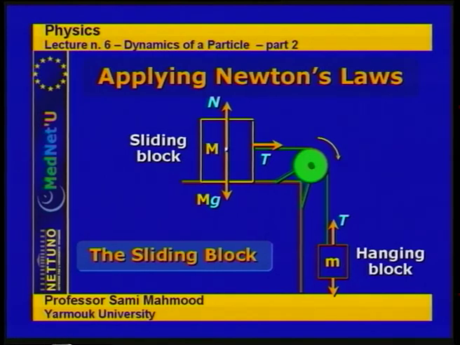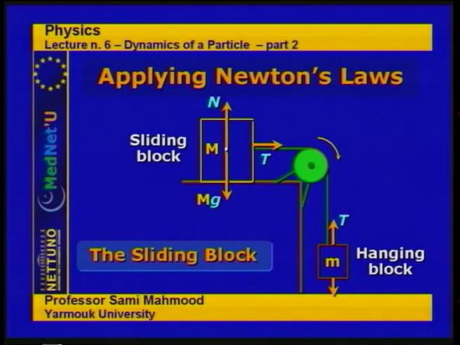So we have the sliding block, for example. What are the forces acting on the sliding block? One force is its weight, capital M times g, which is directed downward. That is one force acting on the object, its mass times gravitational acceleration, which is the weight.